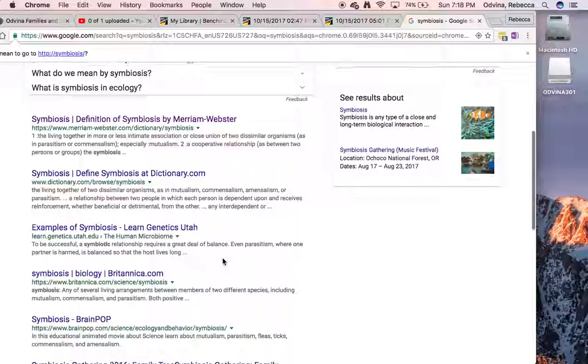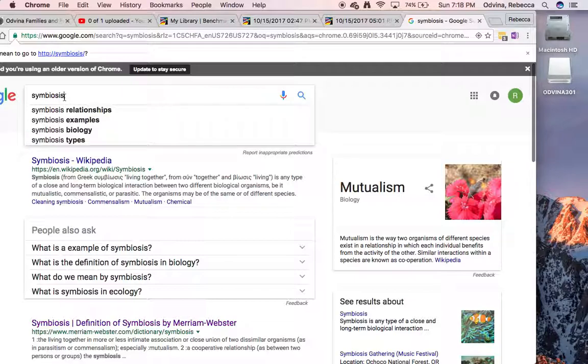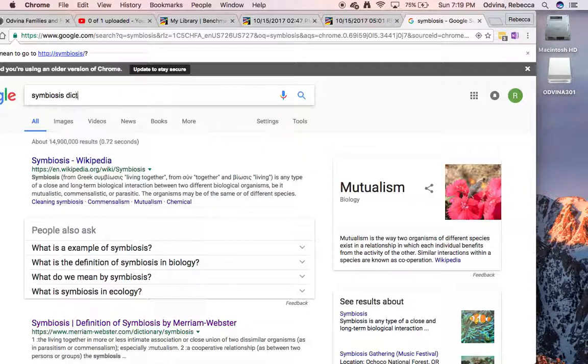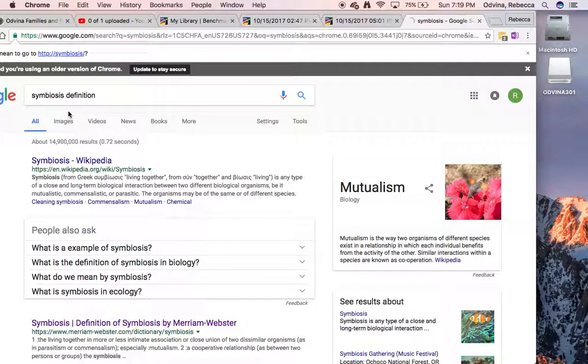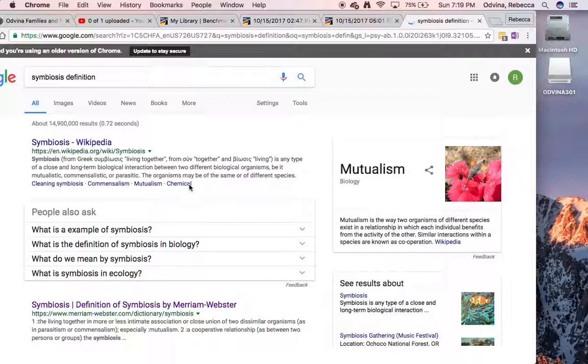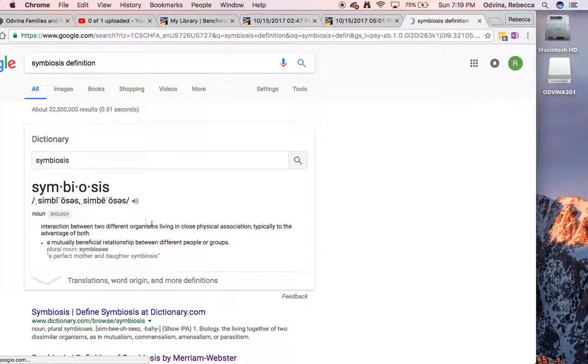And I want to look for a definition specifically. Let's see what that brings us. Interaction between two different organisms living in close physical association, typically to the advantage of both.